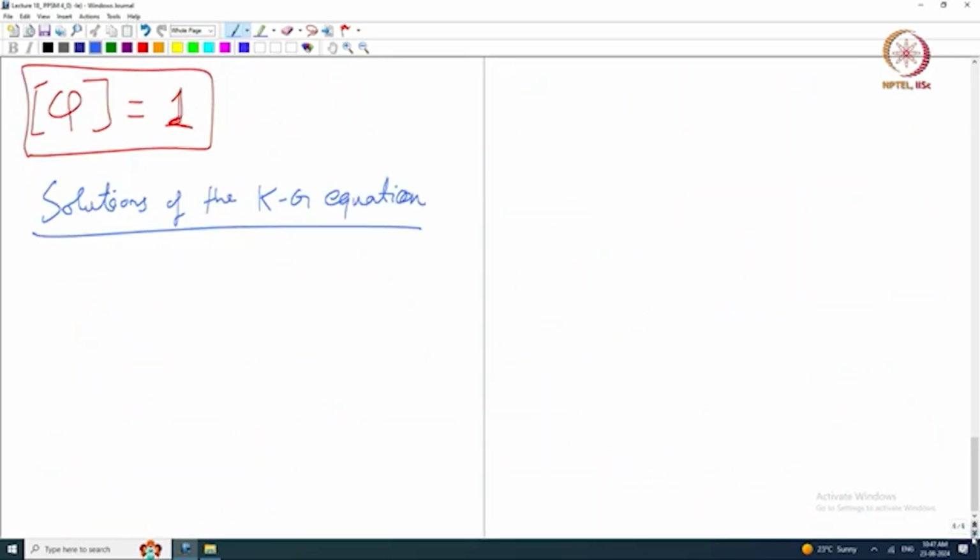So, in other words, a solution that I can write down for the Klein-Gordon equation, in fact a unique solution, would be a plane wave of the form... How does a plane wave look in general?